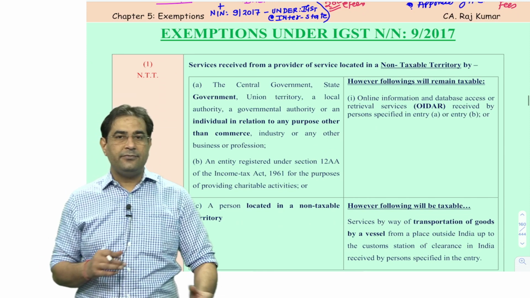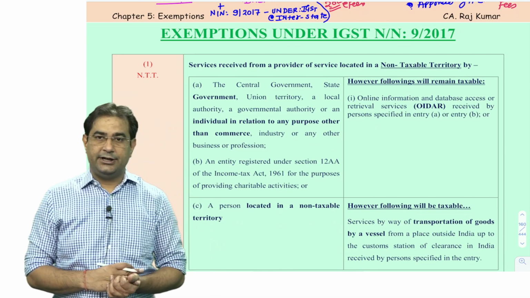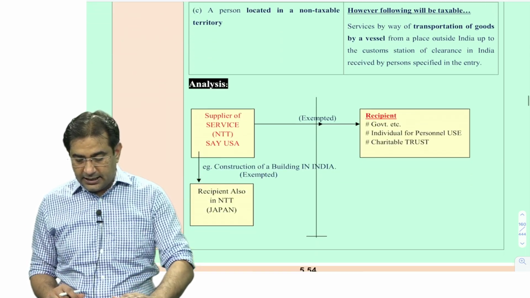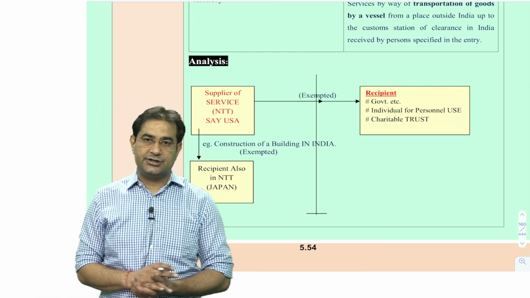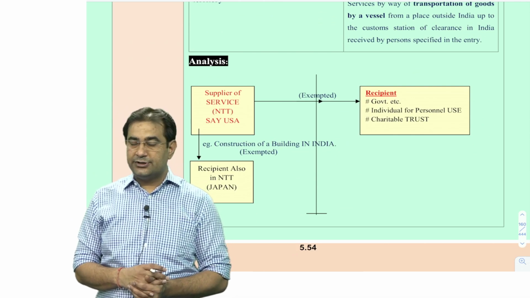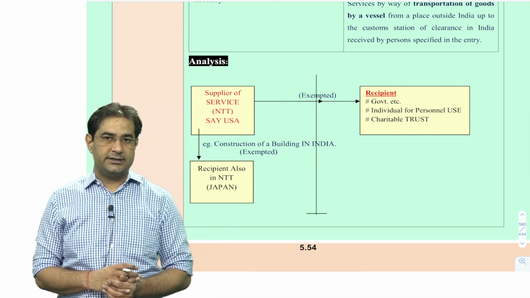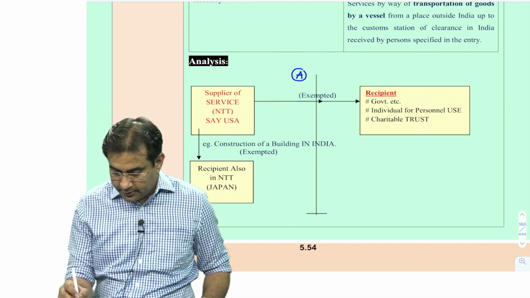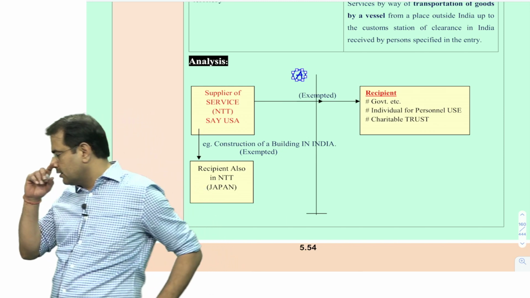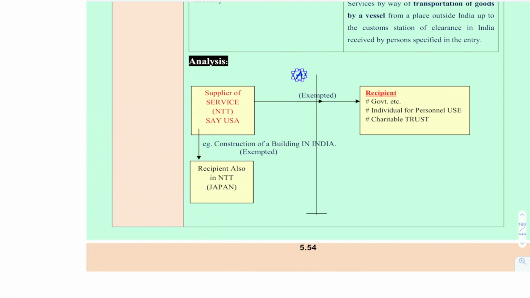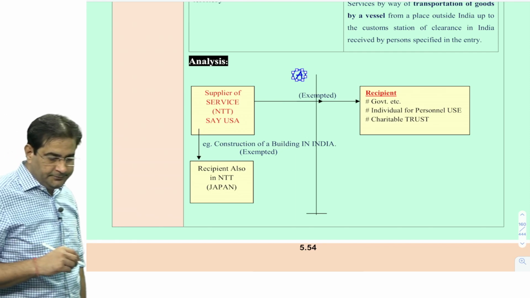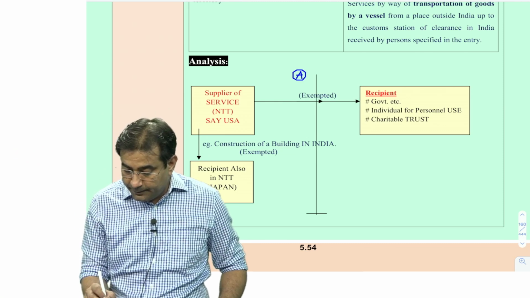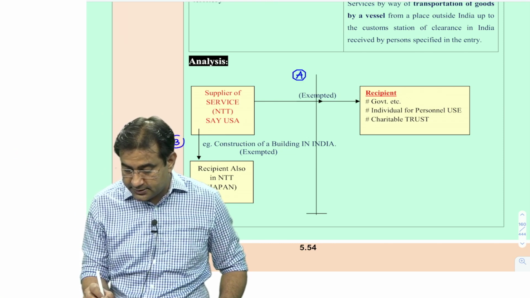Now, the first point is entity, meaning non-taxable territory, and this is the analysis point of this discussion. Basically, this exemption has been divided into two parts. First one is here, and second part of the exemption is here.